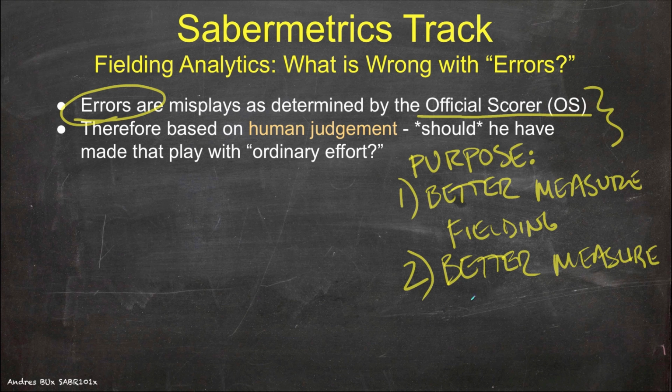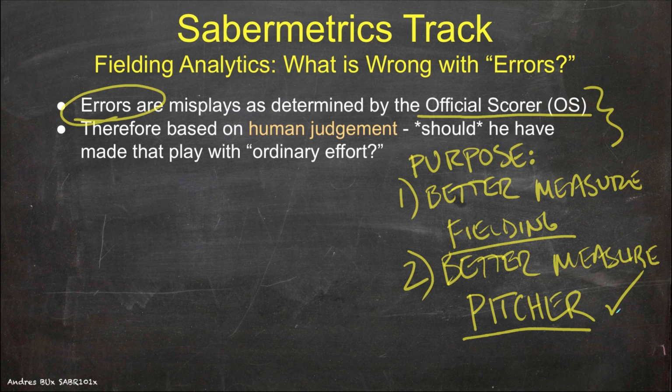Back even at the beginning of baseball in the 19th century, analysts and writers in the game wanted to measure pitching skill and fielding skill, but in particular pitching skill. And when there are misplays, when there are errors behind that pitcher, they really shouldn't be counted against a pitcher's skill.